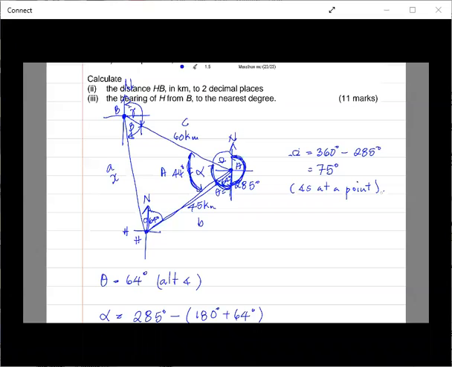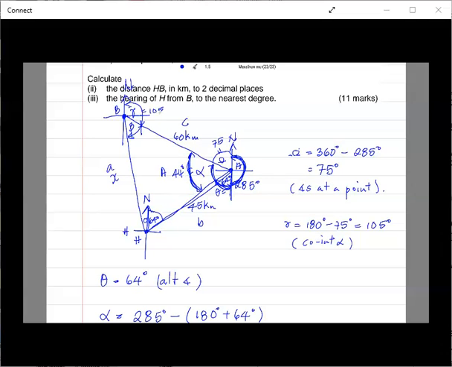If this is 75, this angle here and gamma up here are co-interior angles. So I can say that gamma is equal to 180 minus 75, which is 105 degrees. They are co-interior angles.